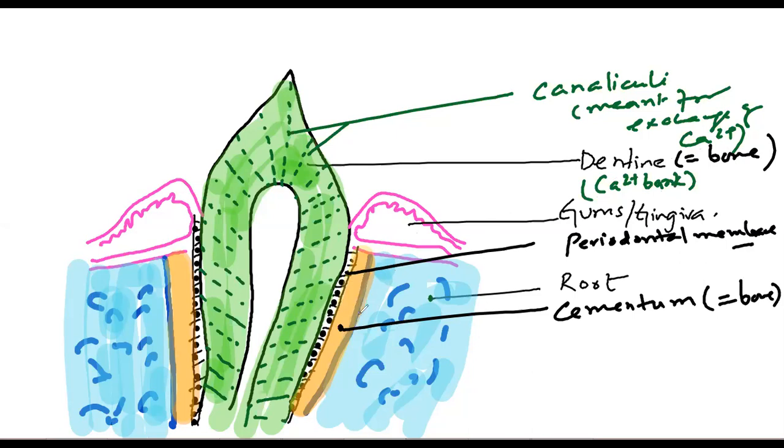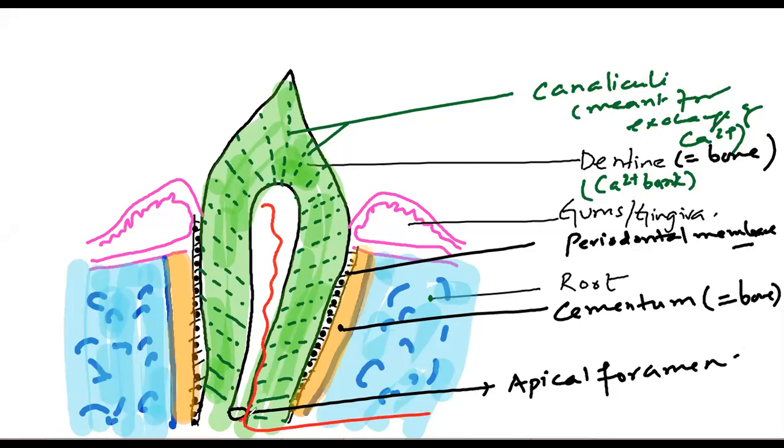Now, there is a hole here. Through this hole the blood supply will come inside. So this hole is called the apical foramen, and through this foramen you will find blood capillaries. Okay, suppose this is a blood capillary, an artery, then you may find a vein, then you may find nerves.